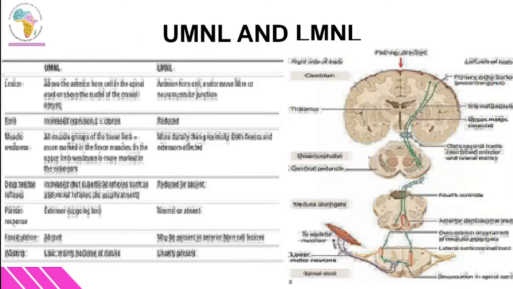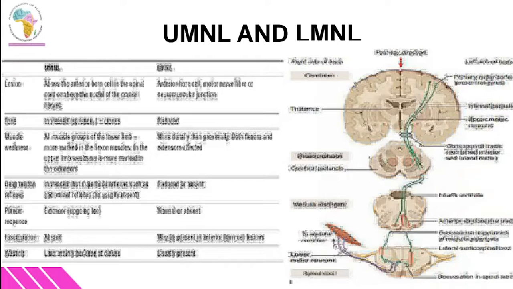The connection has been cut off between the spinal cord and the brain. So the control of contraction of the muscle won't be there, hence the muscle contracts uncontrollably, causing hypertonia. That's one aspect.